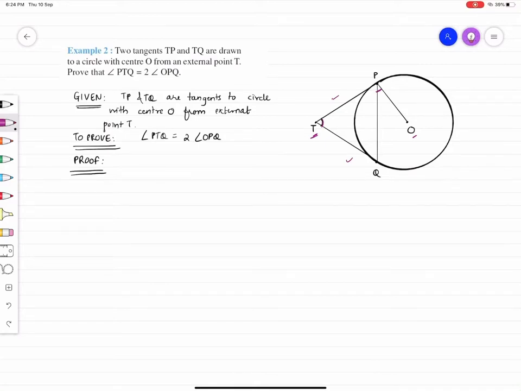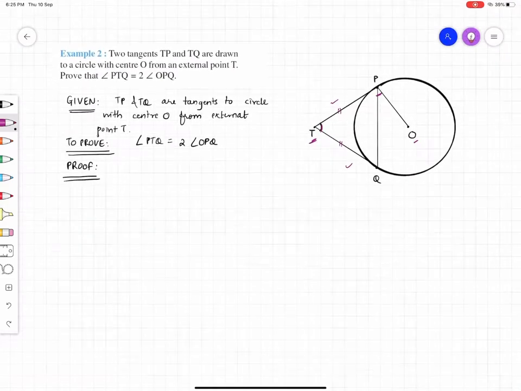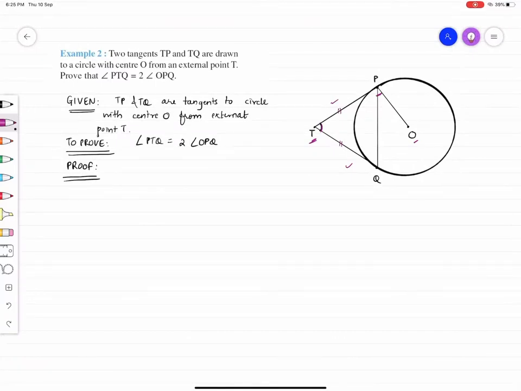So I know that TP is equal to TQ, that is, lengths of tangents are equal, and also I know that using theorem 10.1, the radius OP is perpendicular to the tangent PT. So I think somewhere we can use this and prove the relation between the two given angles.